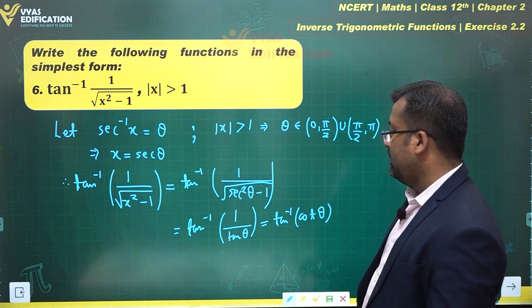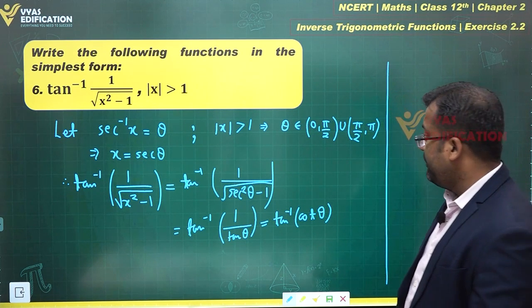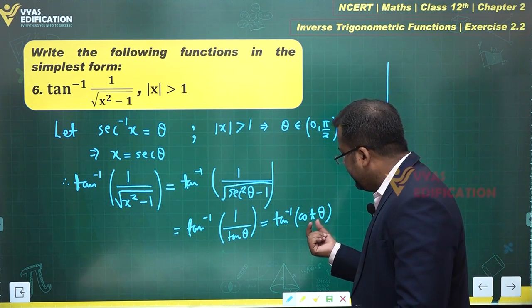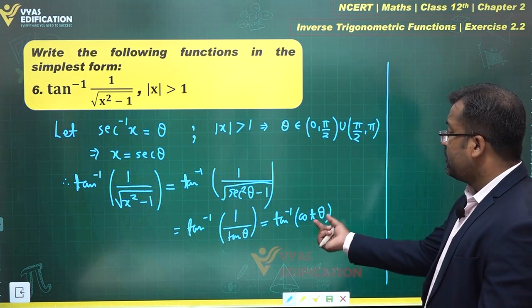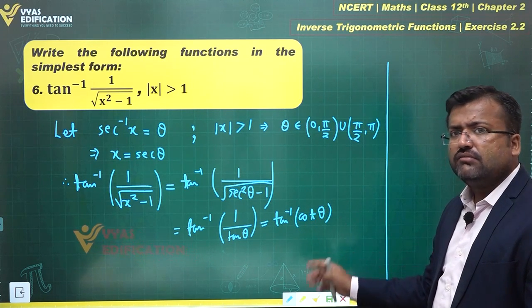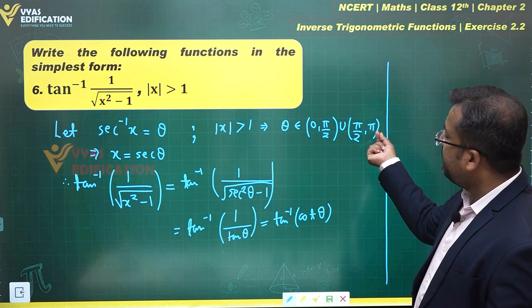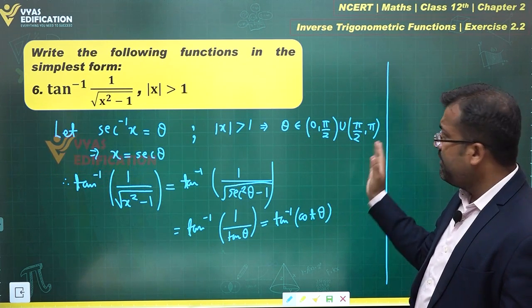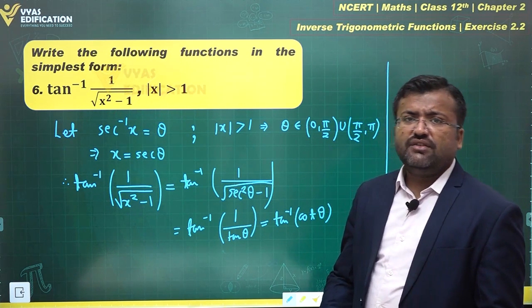Pretty interesting. What will happen to this tan inverse of cot theta? Converting this in terms of tan can be done. This cot theta can be written as tan of pi by 2 minus theta. So we will get tan inverse of tan of pi by 2 minus theta, and pi by 2 minus theta will lie in the interval minus pi by 2 to pi by 2, wherein we can define it very easily.